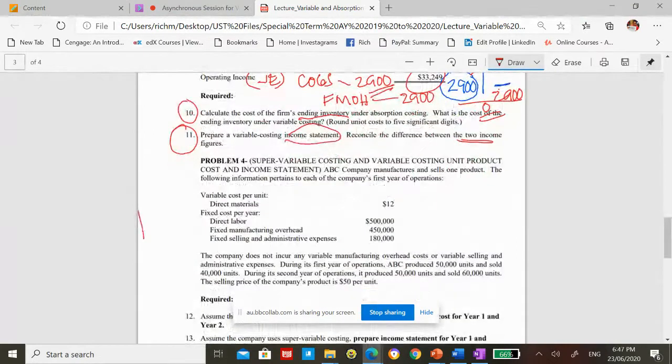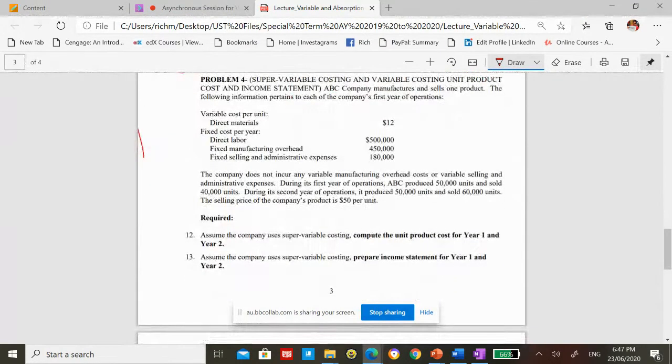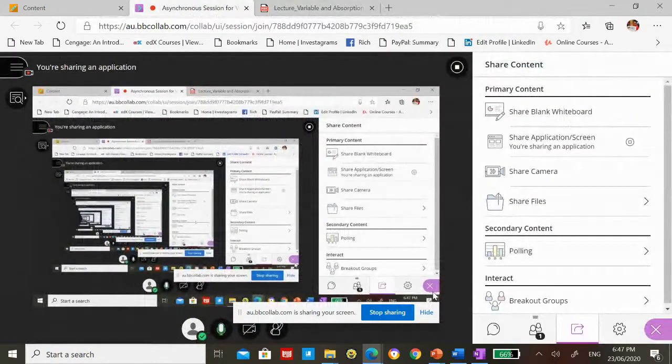So, problem 4. Yung problem 4 is super variable costing. So, sabi ko kanina, pag super variable costing net income tayo, super variable costing method. So, yan din yung throughput costing.